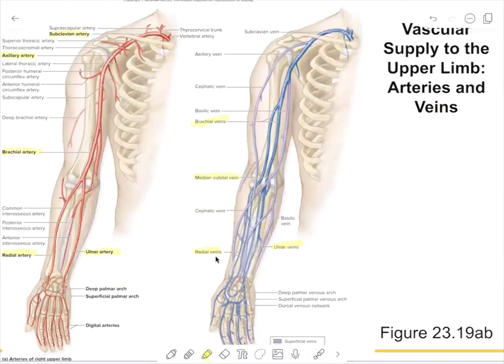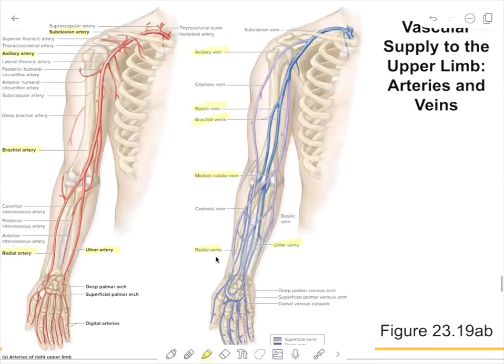A vein that I want you to notice here is called the basilic vein. And the basilic vein is actually going to be on the medial surface of the upper limb. And you can see that as it travels up here, it eventually leads to the axillary vein. Whereas another one of these veins in this area is called the cephalic vein.